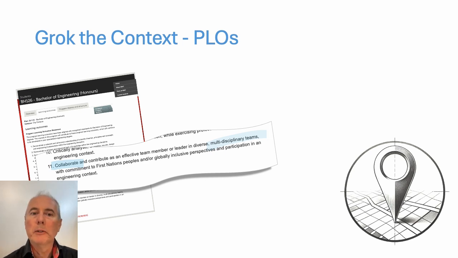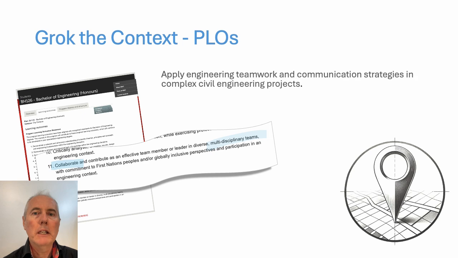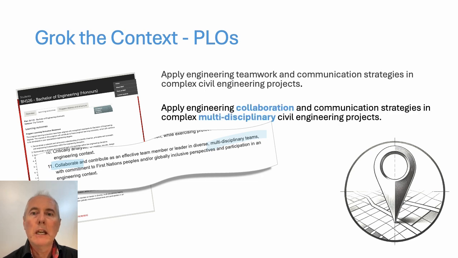Collaborate and multidisciplinary are relevant for our particular CLO. So, our CLO changes from apply engineering teamwork and communication strategies in complex civil engineering projects to apply engineering collaboration and communication strategies in complex multidisciplinary engineering projects. The good news is that the PLOs have already been aligned to the Engineers Australia Competencies. So further alignment work is not required.